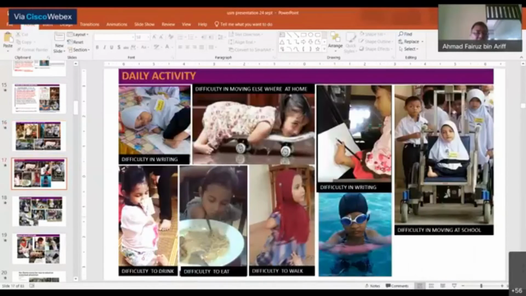Okay, daily activities, difficulty in writing, difficulty in moving, drinking, eating. Okay, this is very detailed. So this is the previous wheelchair, and we can see it later in detail.